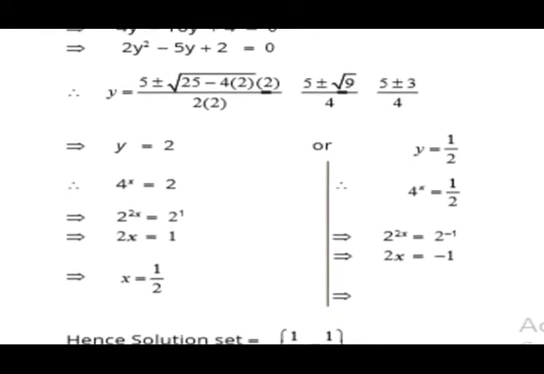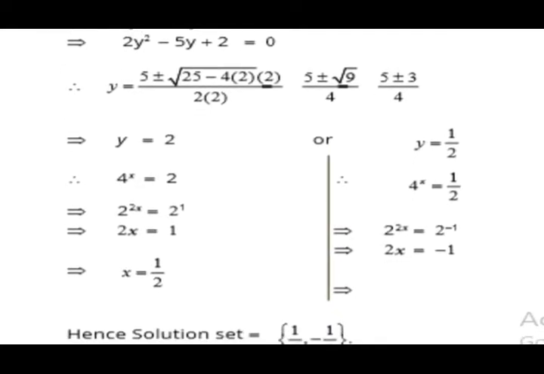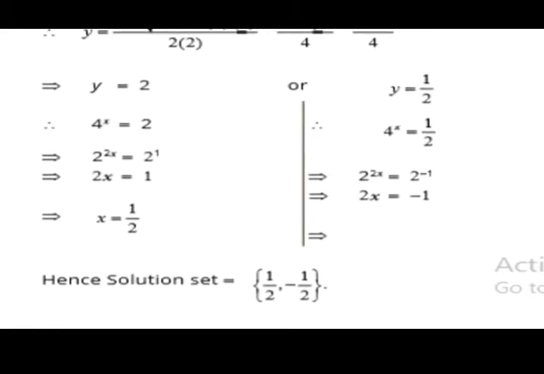Now here we have y equal to 2 and y equal to 1 by 2. To answer, y is equal to 4 raised to power x, we can write 4 raised to power x equal to 2 raised to power 2x. We compare the powers of both sides. 2 raised to power 2x is equal to 2, so x is equal to 1 by 2.